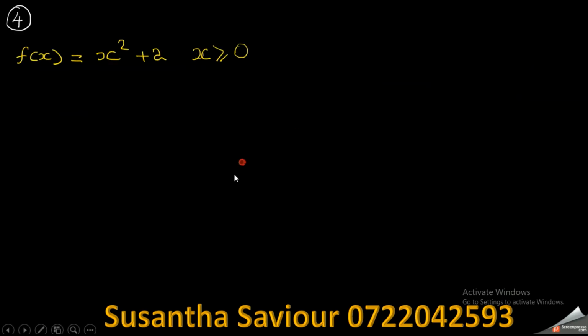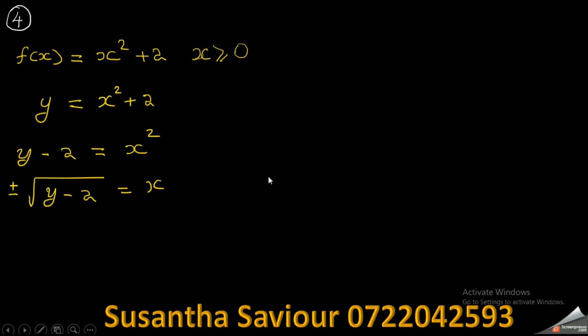Take this one, x squared plus 2x is greater than or equal to 0, right? Now this is how you find the inverse here, plus or minus this. To decide which sign to take, plus or minus, you look at this.